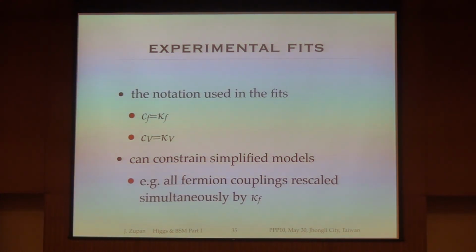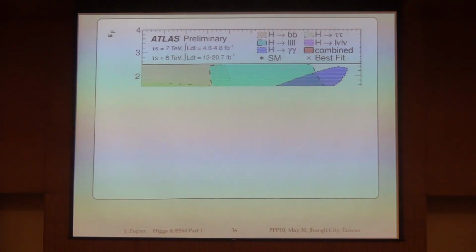It's only interesting if you do simplified models. If you change too many parameters, you don't have experimental sensitivity right now. An interesting simplified case is, for instance, where all fermion couplings are scaled simultaneously by the same amount, so this kappa F is exactly the same for all species of fermions.